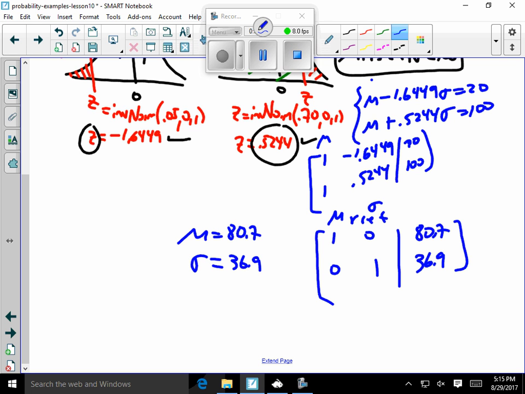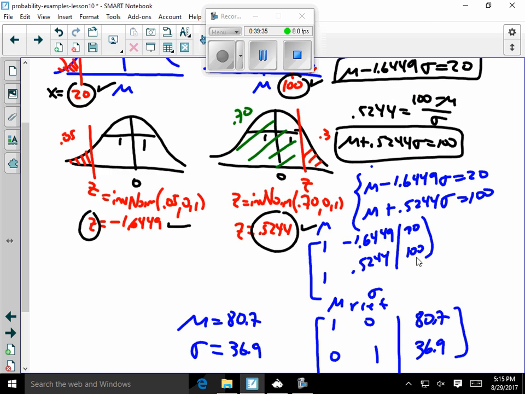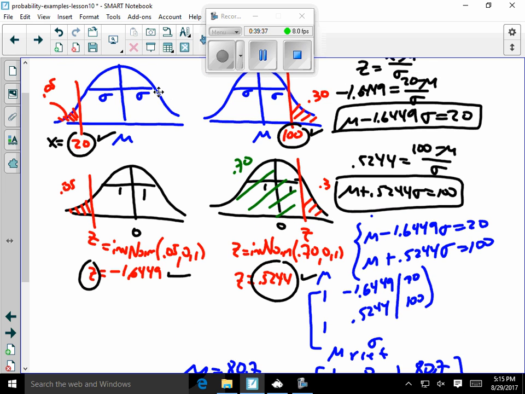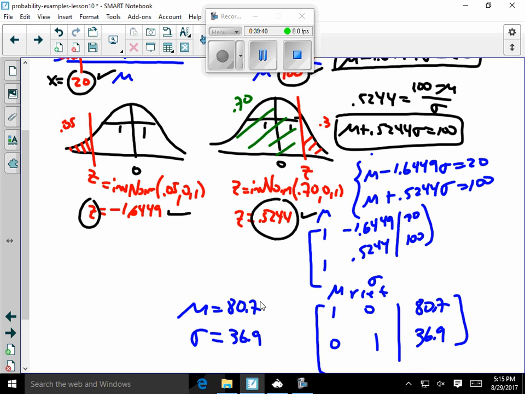So what this is saying is that the unknown mean and standard deviation of this distribution are: the mean is actually 80.7. So on average, this restaurant serves 80.7 people with a standard deviation of 36.9 people.